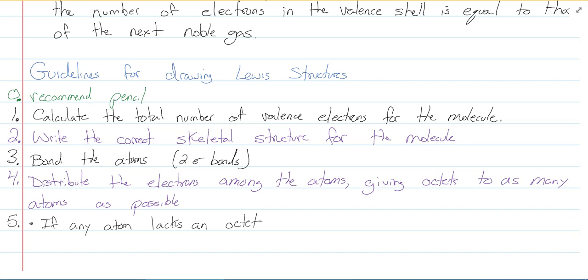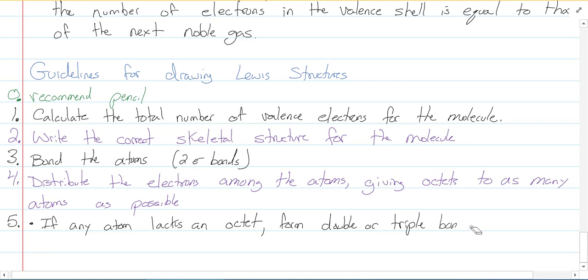Now if any atom lacks an octet, what we do is we form double or triple bonds as necessary.